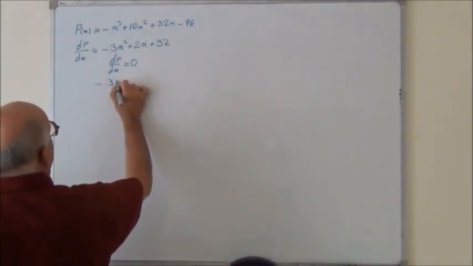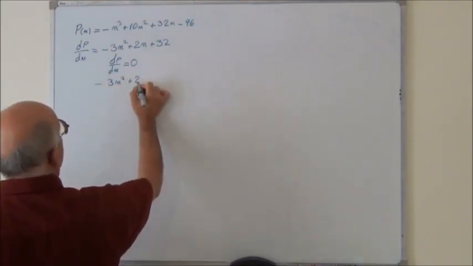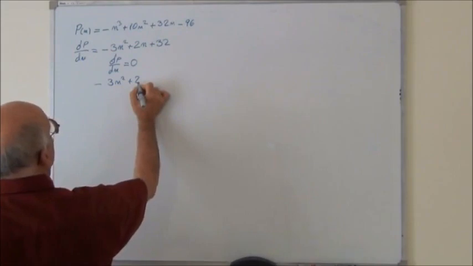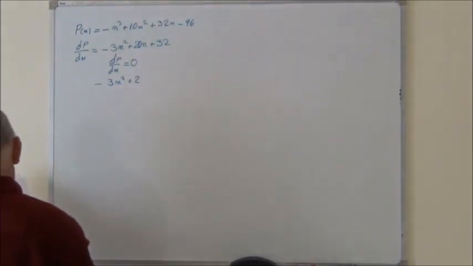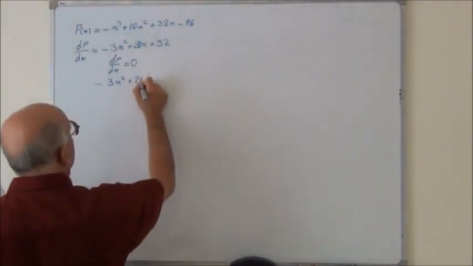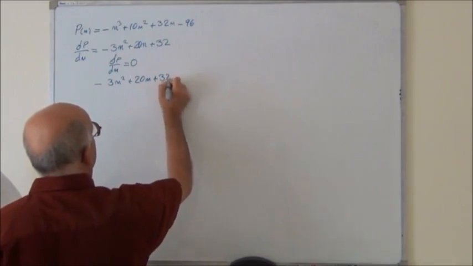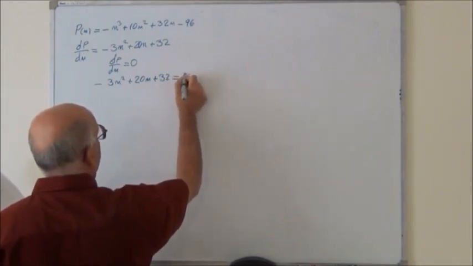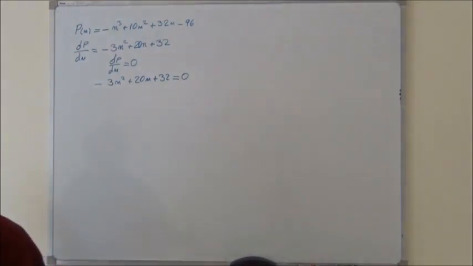Minus 3n squared plus 20n and plus 32 is equal to 0. We have this quadratic equation.